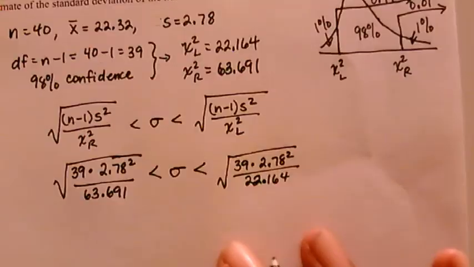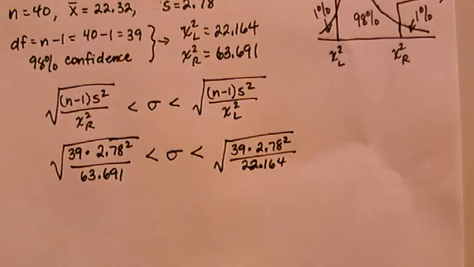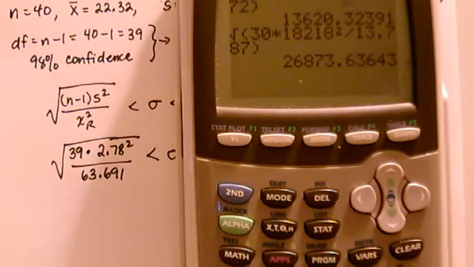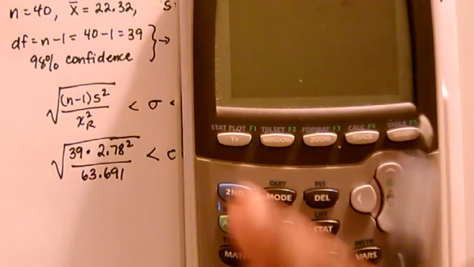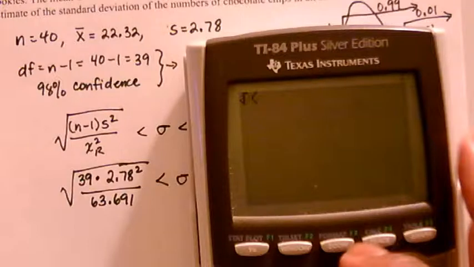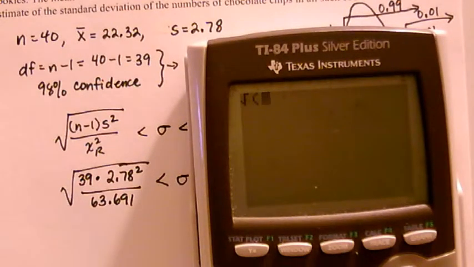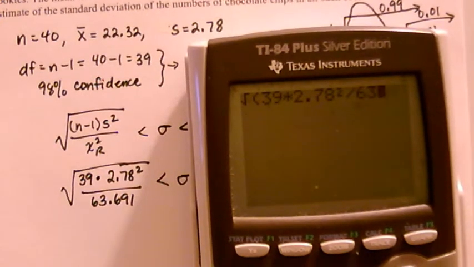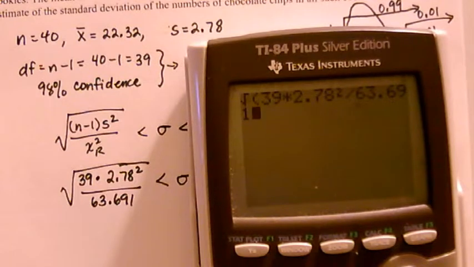So here's where we use our calculator. Second x squared for the square root. And then 39 times 2.78, and then you hit your x squared button, divided by 63.691, close parentheses, hit enter.